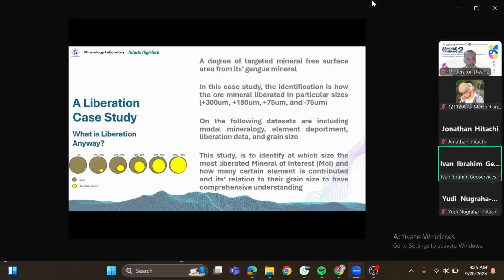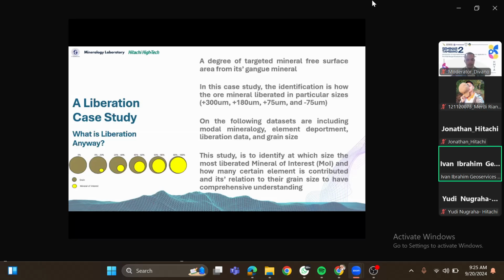Nah, dataset yang saya coba hadirkan supaya tidak terlalu membludak, karena kita masih kenalan terhadap automated, itu hanya nama mineral dan jumlahnya, lalu elemen deportment atau yang saya cerita sumbangsih tadi, lalu liberation data dan grain size. Jadi masing-masing dataset yang kita coba hadirkan itu untuk memberikan gambaran komprehensif terhadap behavior dari mineral itu sendiri ketika kita treatment something.